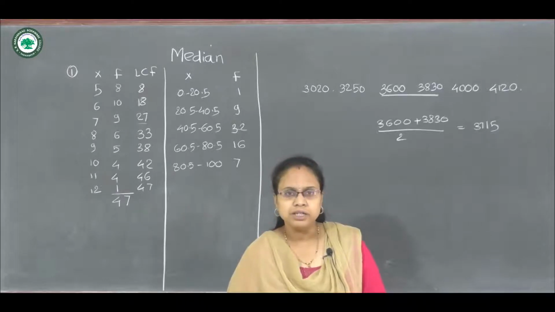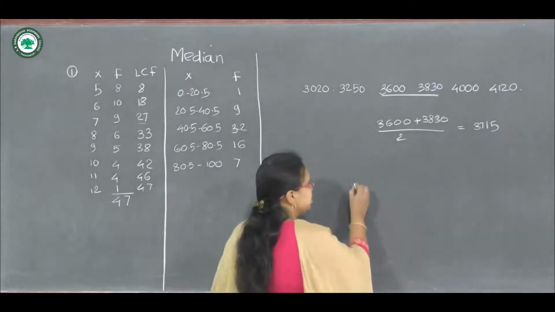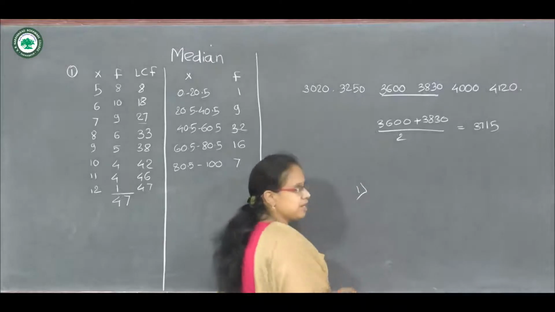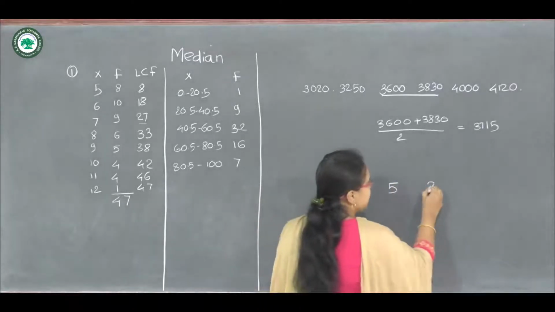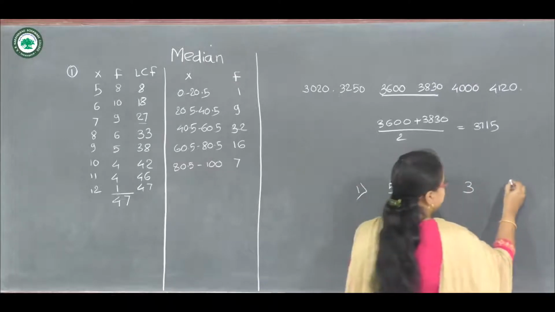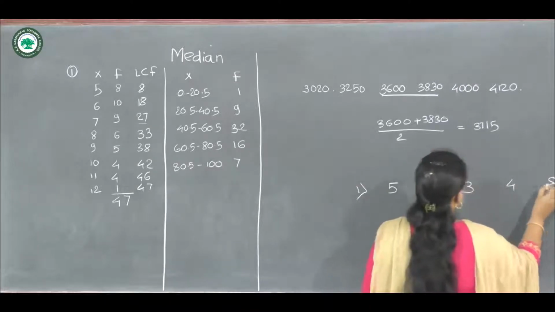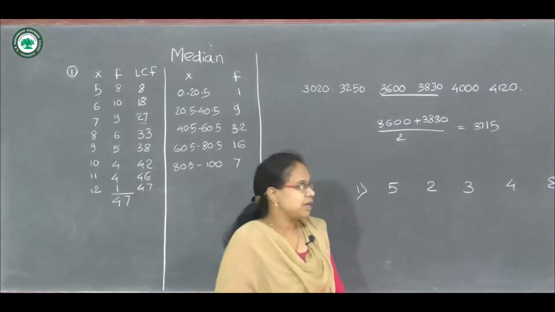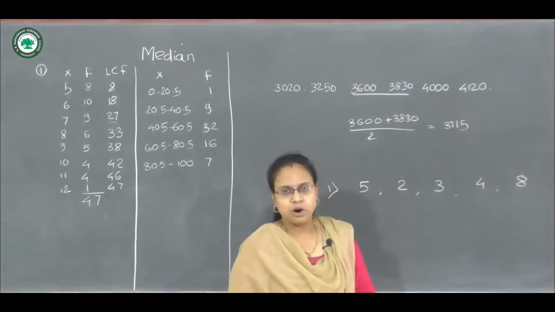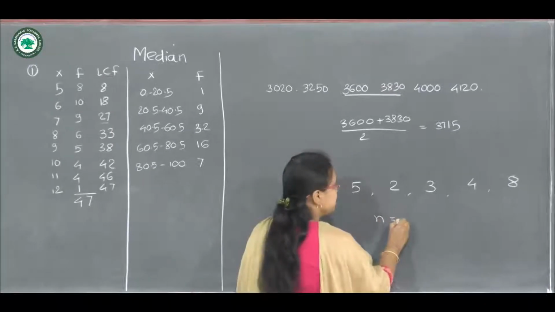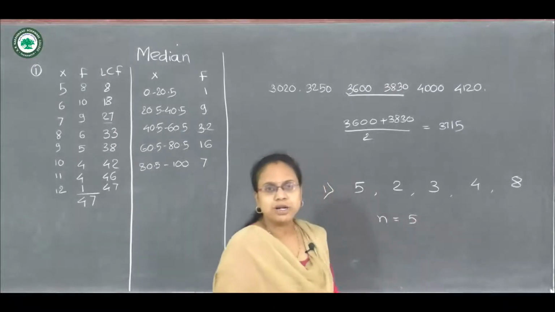Suppose we are given ungrouped data. This is the first example I am taking, where x values are given like this. Here we can see there are 5 numbers, which means n, the number of observations, is 5, an odd number.